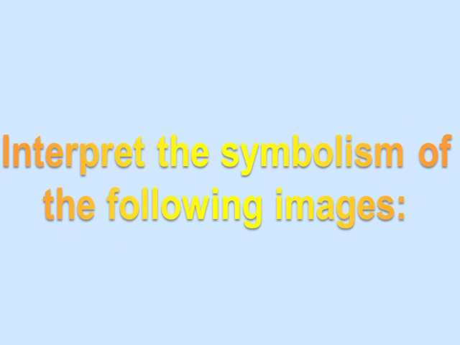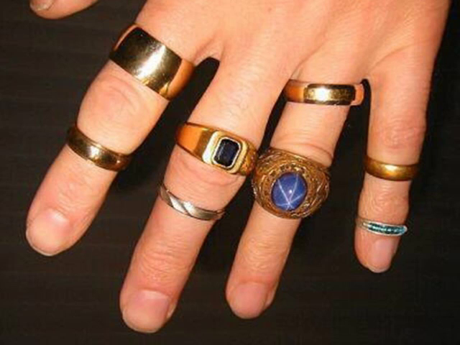So next, I'm going to show you some images and you'll try to interpret them. This will give you an insight into how we create and use symbols. Ready? What is the meaning of this? And what is he trying to say? Can you detect any symbolism in here?